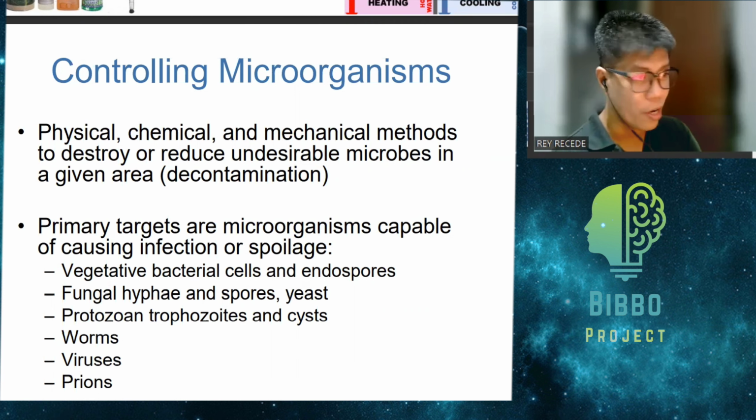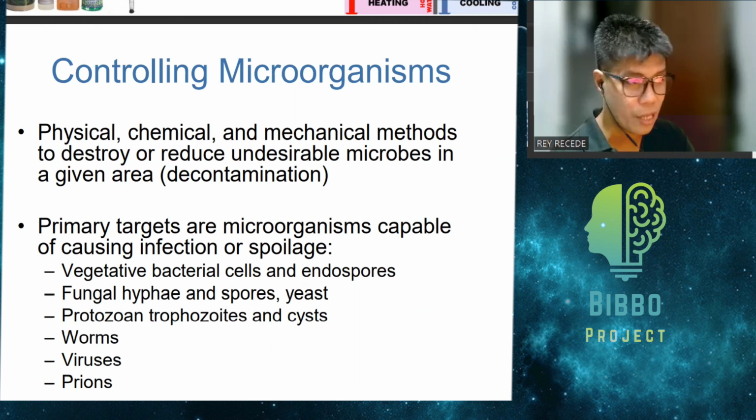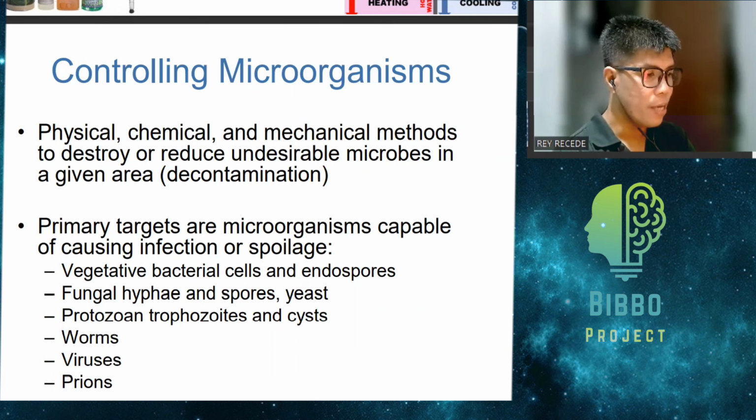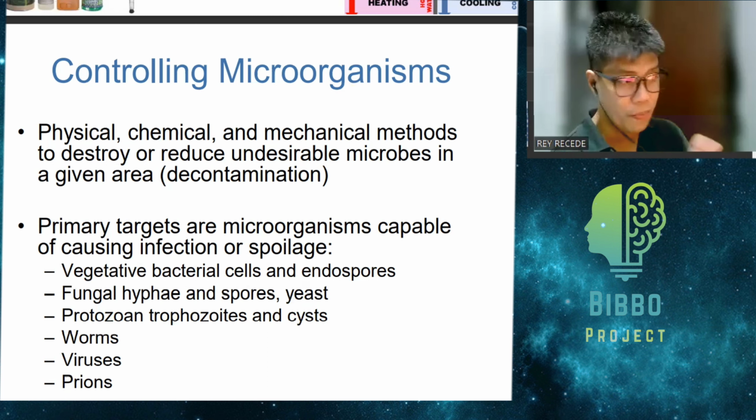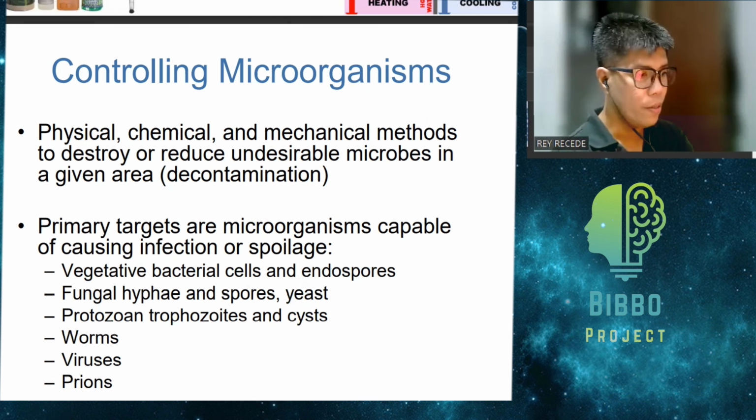And this could be caused by the following: vegetative bacterial cells and then the spores, fungal hyphae and spores or yeast, and protozoan trophozoites and cysts. That is also caused by specific types of worms, viruses, and prions.